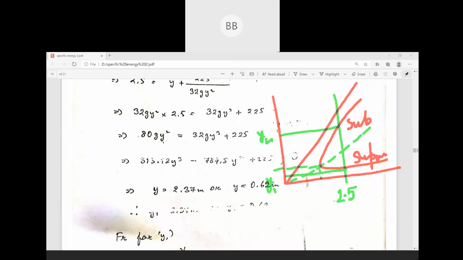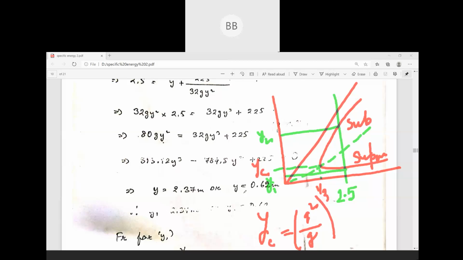Or you can find the yc value. We have already discussed yc, that is q square by g to the power 1 by 3 for a rectangular channel. You can directly use this equation and find the yc value. If that y value is less than yc, then we can say it's in supercritical. If that y value is greater than yc, then you can say that depth is in subcritical flow.